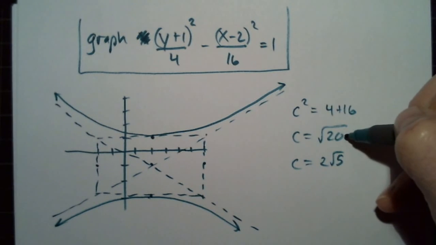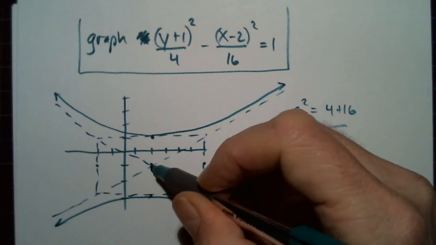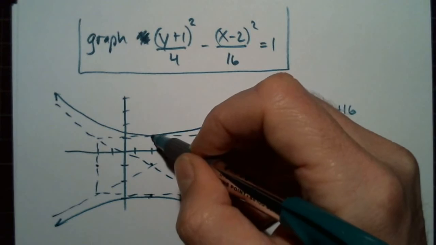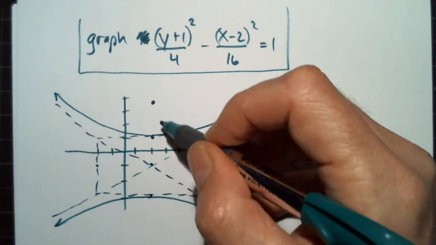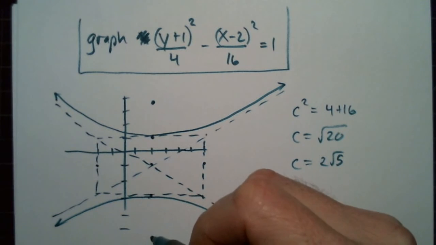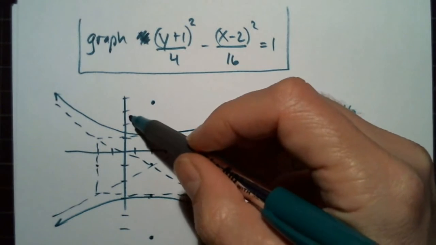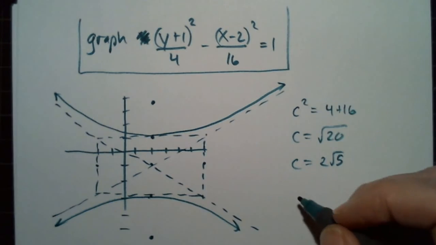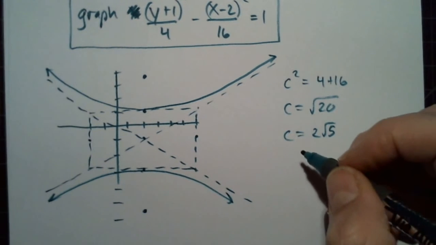So we're going to move a little beyond 4 away from the center. 1, 2, 3, 4, and 1, 2, 3, 4. Alright, foci, asymptotes.